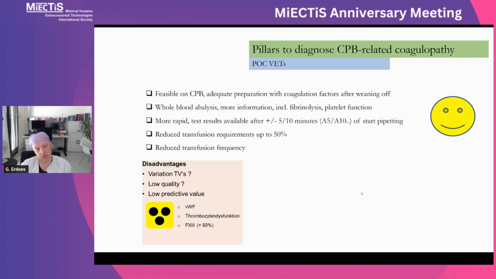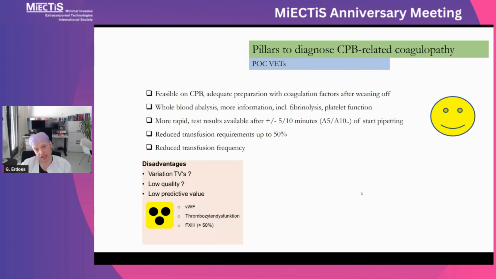They are whole blood analysis, and they provide huge information about your coagulation cascade, but also on fibrinolysis and platelet function. They are very rapid, so the test results are available after 5 or 10 minutes, and it has been shown that if you are using these tests, you can reduce your transfusion requirements and the frequency of transfusion as well.